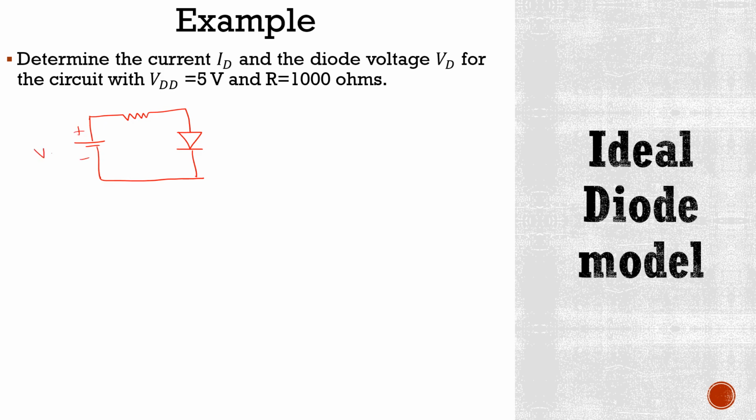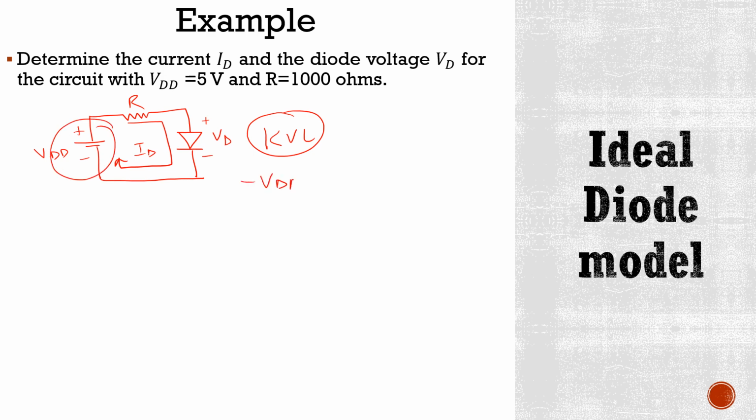This is VDD, this is R, this is an ideal diode, and this is the direction of current ID. How are you going to start your analysis? First, you will apply KVL. And what will be the KVL equation here? We'll start from this point. It will be minus VDD plus IDR plus VD is equal to 0.